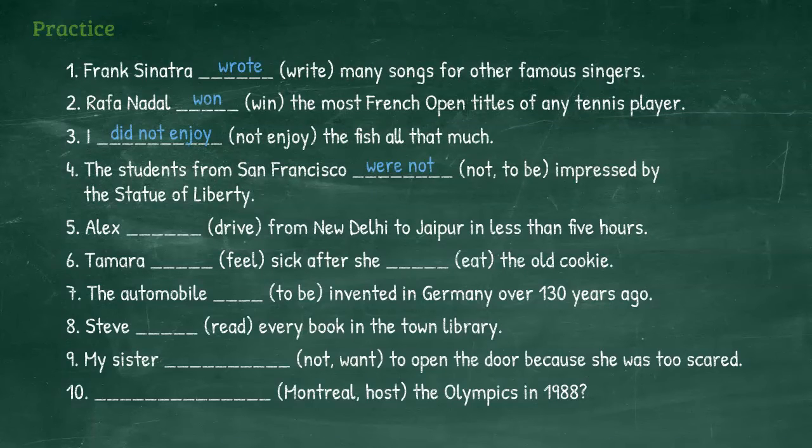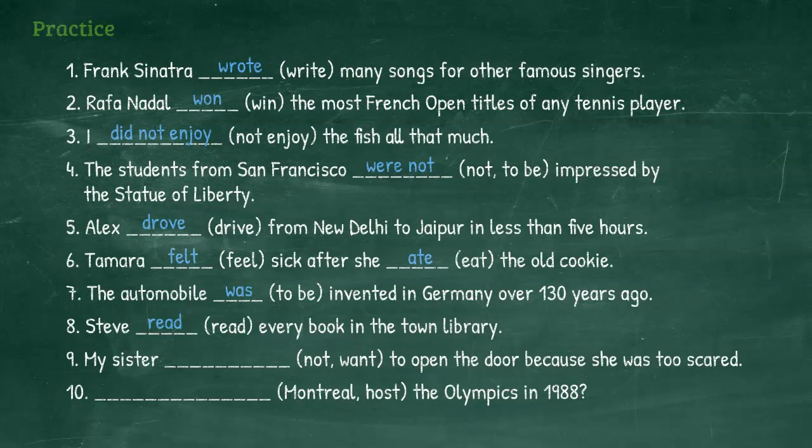Number 5, Alex drove from New Delhi to Jaipur in less than 5 hours. Number 6, Tamara felt sick after she ate the old cookie. Number 7, the automobile was invented in Germany over 130 years ago.